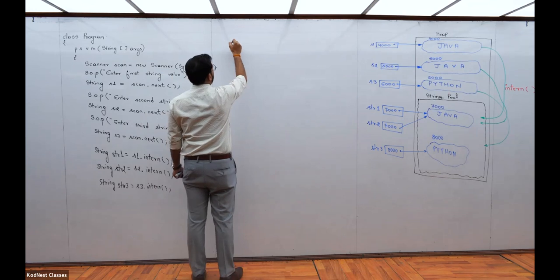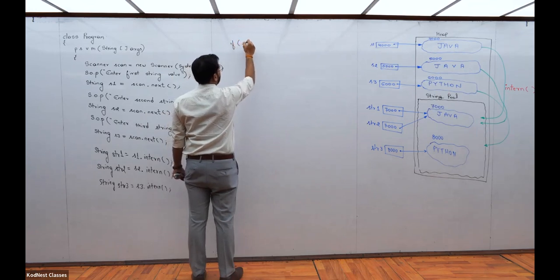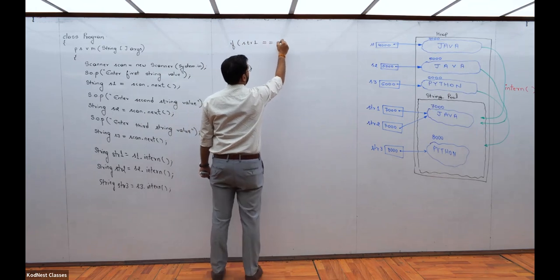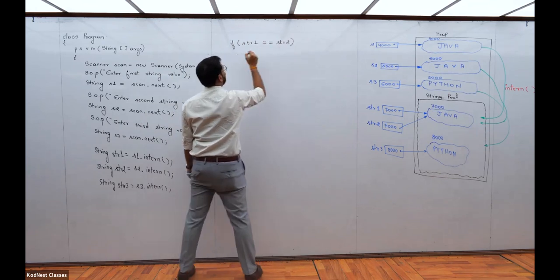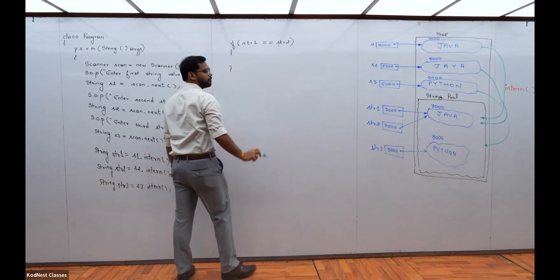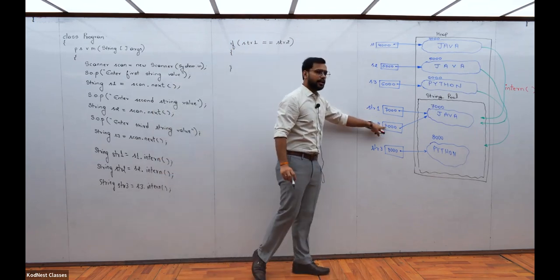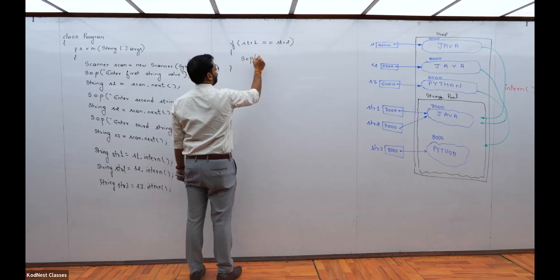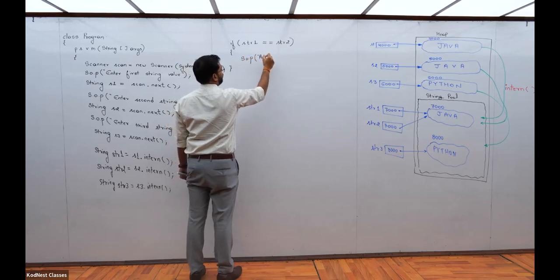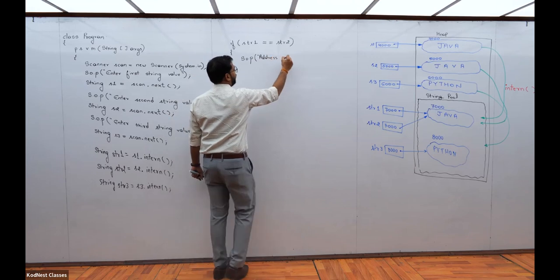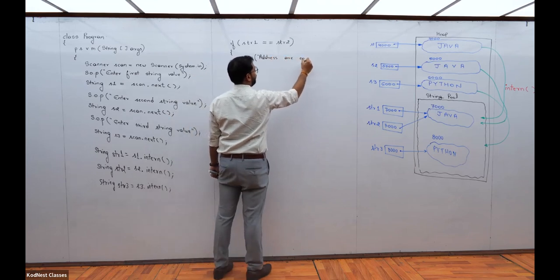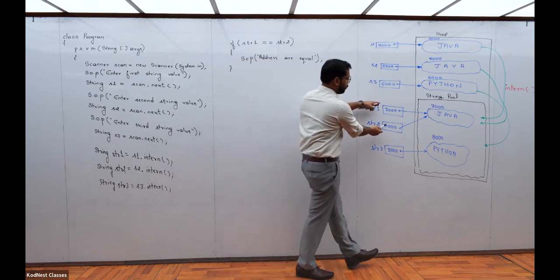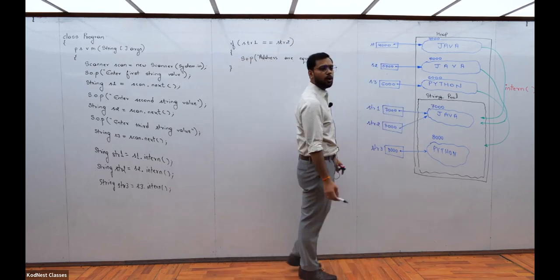If str1 double equal to str2, what will it compare? Addresses. If I write System.out.println, addresses are equal, what does it mean? Yes, the conversion has happened, and now both are pointing towards the same string object.